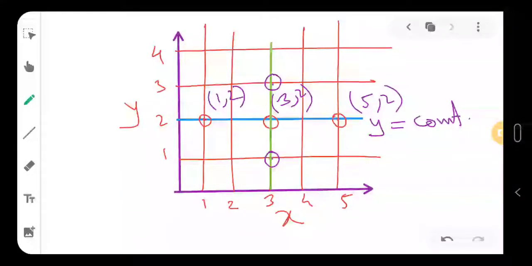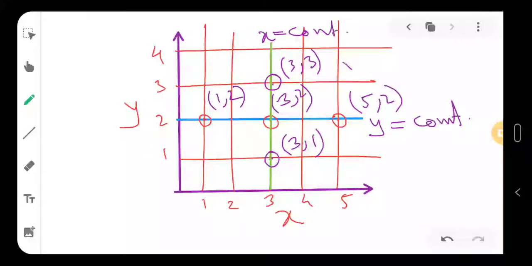In all cases the y value is changing. If I draw the coordinates, the first one will be (3, 1), the next one will be (3, 2), and this one will be (3, 3). So you can see the x values are the same here. For any line which is parallel to the y-axis, the x values will be constant. So these things you have to remember.